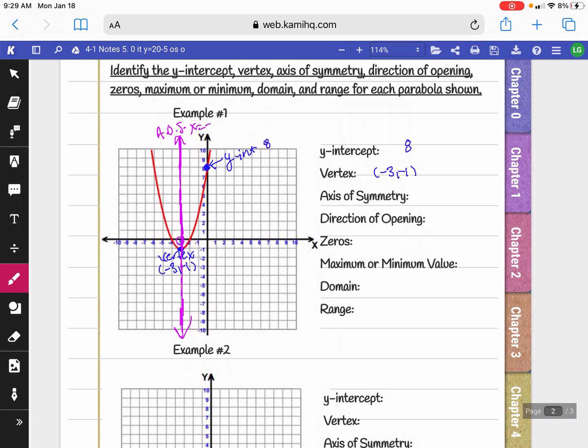So it's x equals -3. Remember, axis has x, so you always have to write x equals. This is a regular U, so the direction of opening is upward. Remember, zeros mean x-intercepts. This one has 2. One of them is at -4. The other one's at -2.